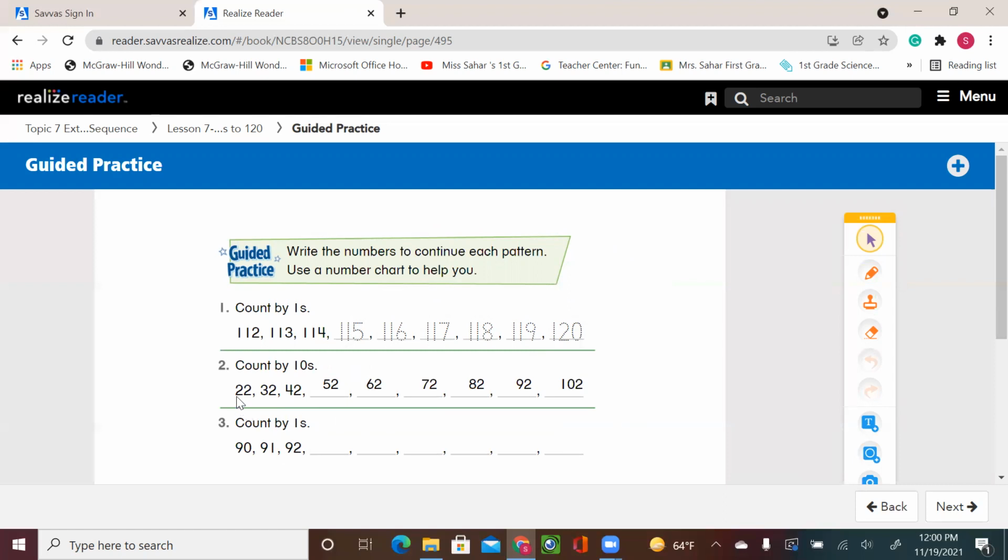So if you look here, you see that my tens increased by 1. So 2, 3, 4, 5, 6, 7, 8, 9, 10.